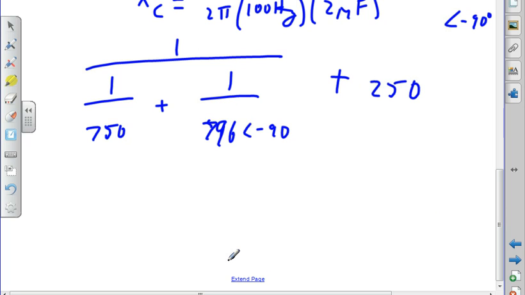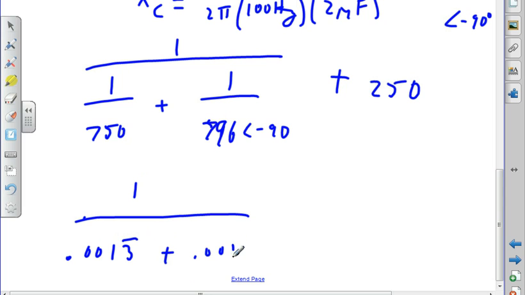So 1 over 750 is 0.0013 repeating, plus 1 over 796 is 0.001256 angle 90, plus 250.